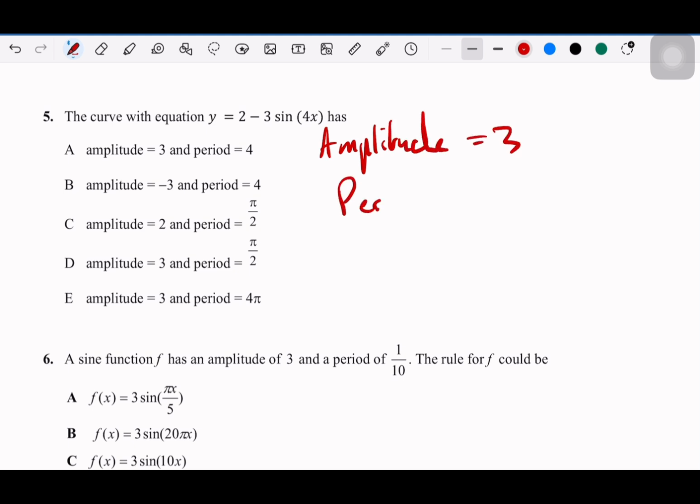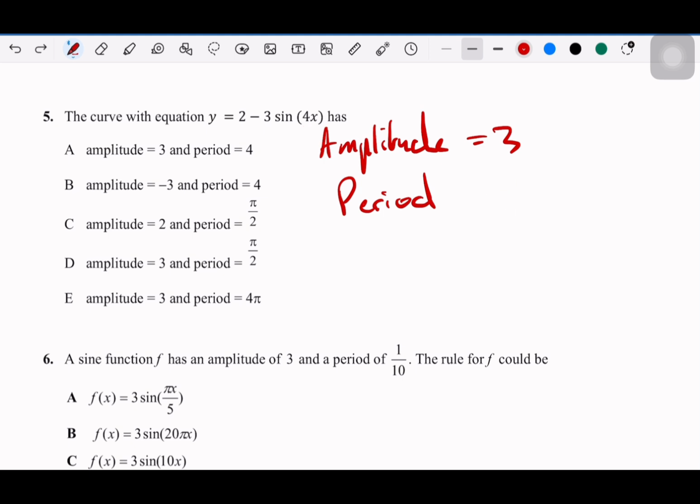And the period. The period would be 2 pi divided by n, which is 2 pi divided by 4 in this case. Remember, the formula for finding the period for sine and cos is always 2 pi divided by n, n being the coefficient of x, so in this case it's 4.